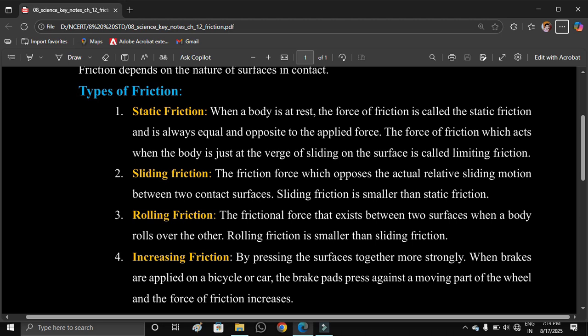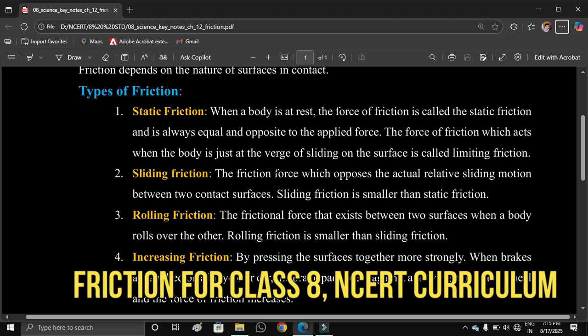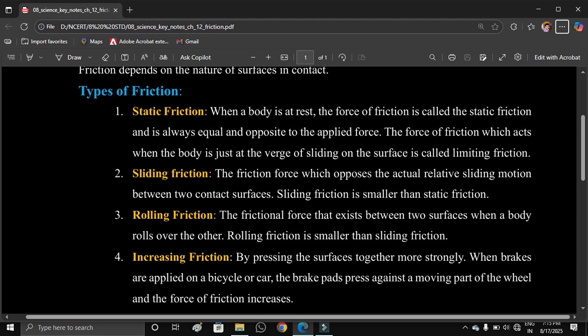The force of friction, which acts when the body is just at the verge of sliding on the surface, is called limiting friction. Number 2, sliding friction. The friction force which opposes the actual relative sliding motion between two contact surfaces.